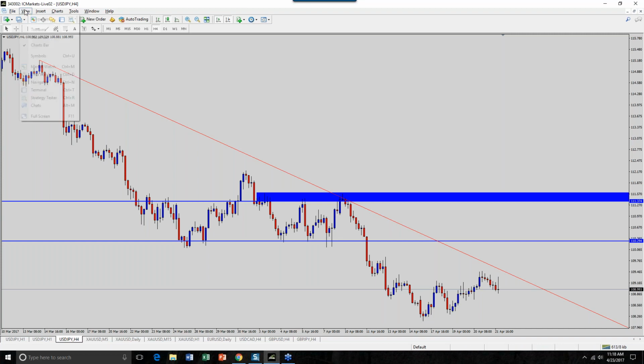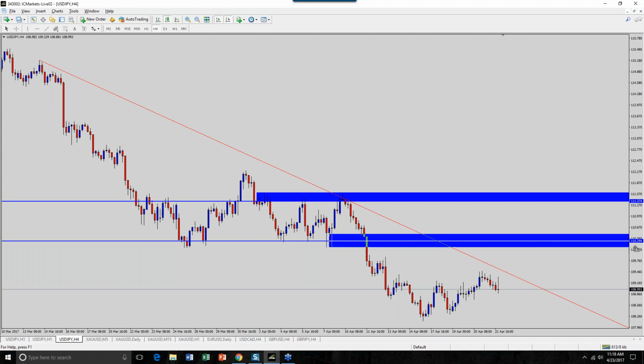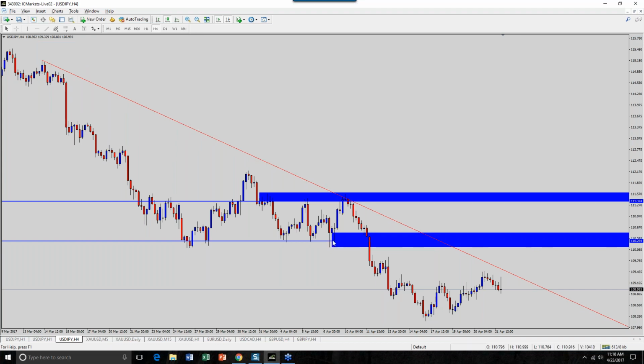And then if I insert shapes again, I'd be looking to say this was a zone. And when you look at that, I should extend it a little bit more.